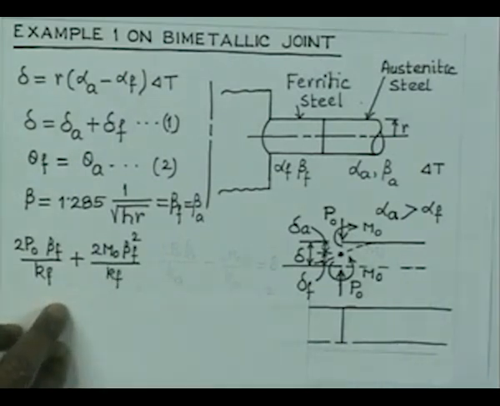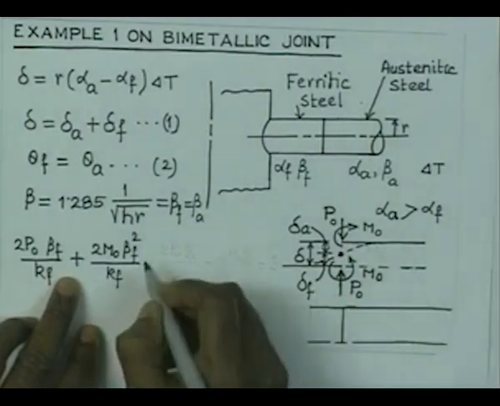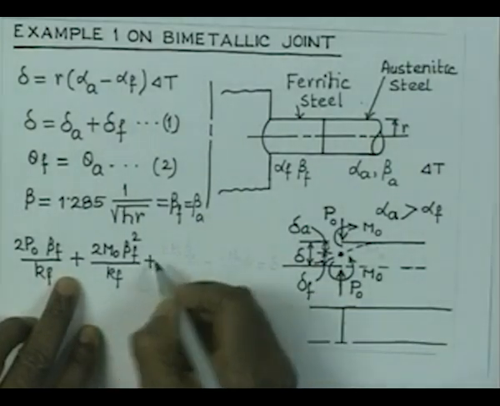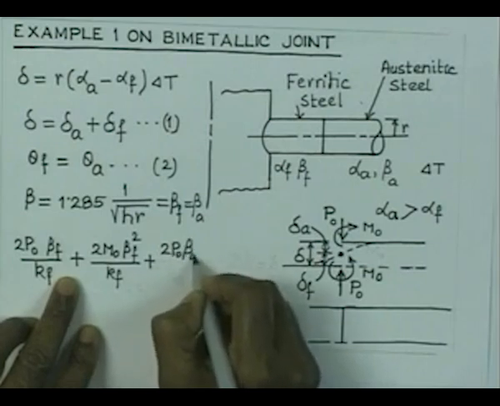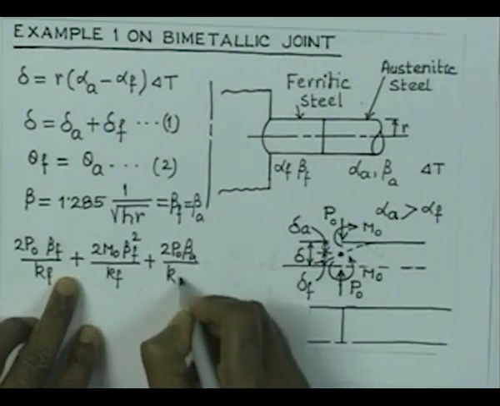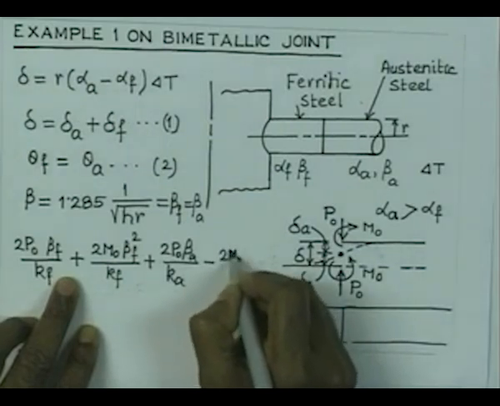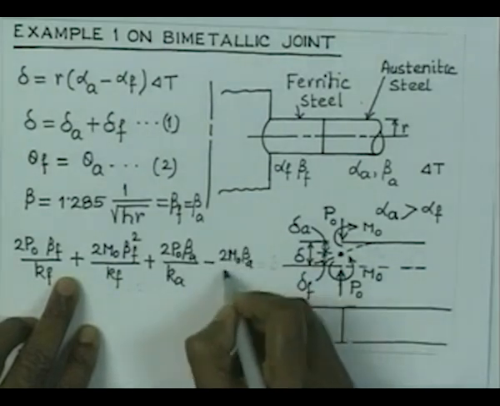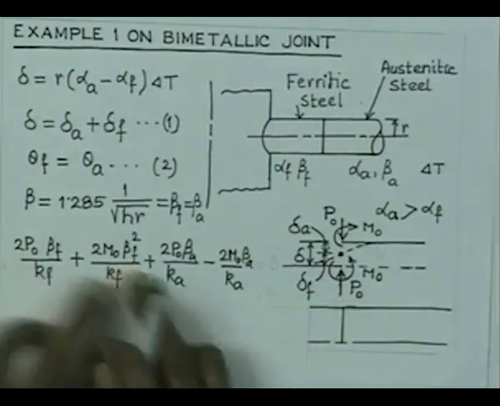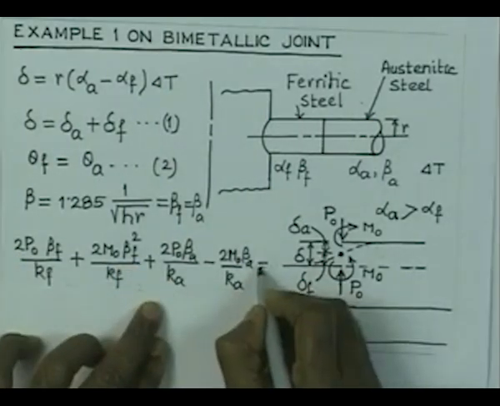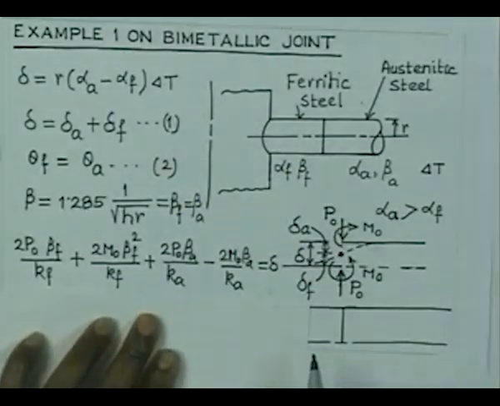So, that is what you have for delta ferritic, and delta austenitic is going to be twice P0 beta A by Ka minus twice M0 beta A by Ka. So, this is delta F, this is delta A, and that should be equal to delta. So, that is equation number 1 we have.